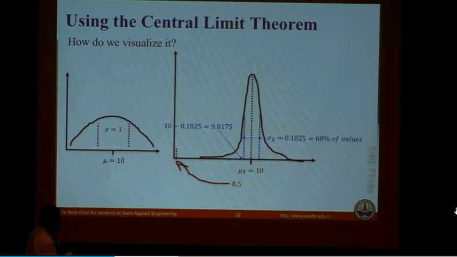This is 10. 9.8, 9.6 something, 9.4 here. See that? 1 sigma, 2 sigma, 3 sigma. I'm only doing that. Clear? Okay? So if 1 sigma is 0.18, 3 sigma is about 0.55.